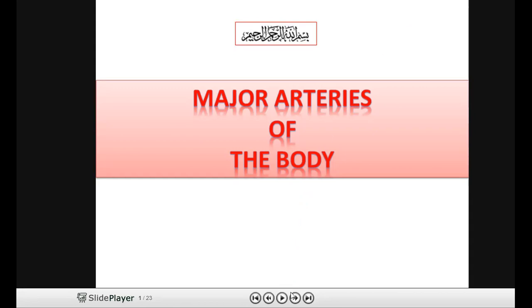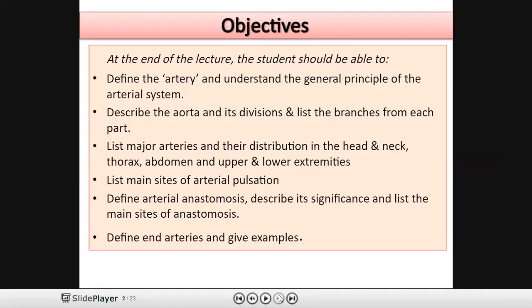Major arteries of the body. In this class, at the end of this lecture, our aim is that you'll be able to define what an artery is and understand the principles of arterial supply, describe the aorta and its division, and list the branches from each part, and then list the major arteries and their distribution in the head and neck, thorax, abdomen, upper and lower extremities.